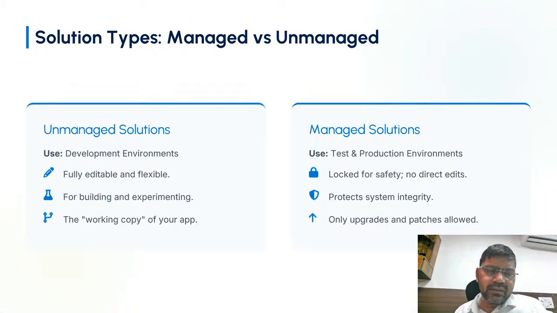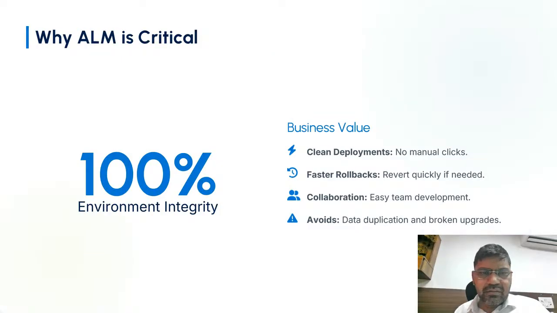Solution type, managed versus unmanaged solutions. Unmanaged solutions are fully editable and flexible for building and exporting the working copy of your apps. Managed solutions are locked for safety, no direct edits, protecting system integrity, while upgrade and patch are allowed.